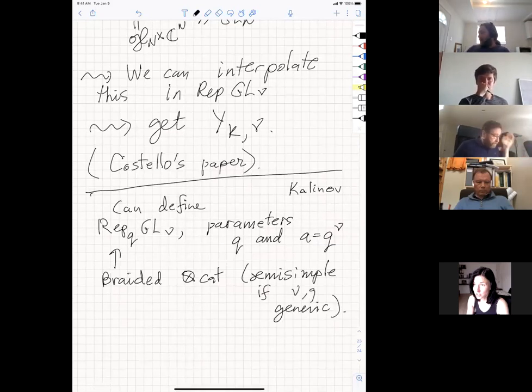So it is defined in the same way. You still have those pictures, but then you should distinguish between overcrossings and undercrossings, and you should impose the Homfly-Skein relation.